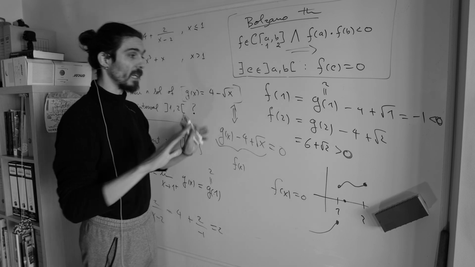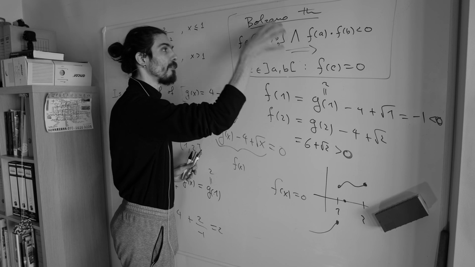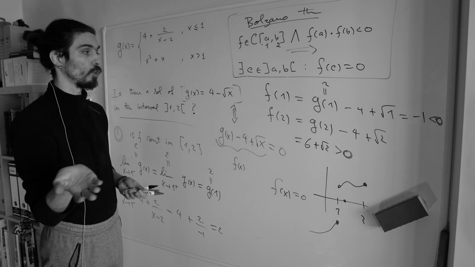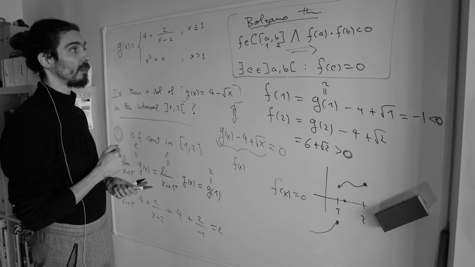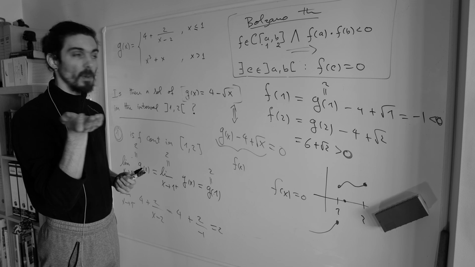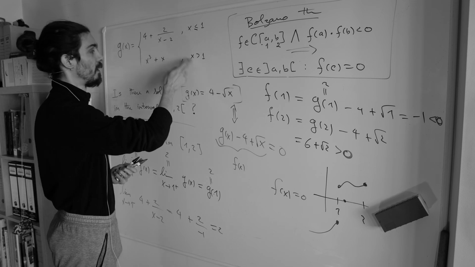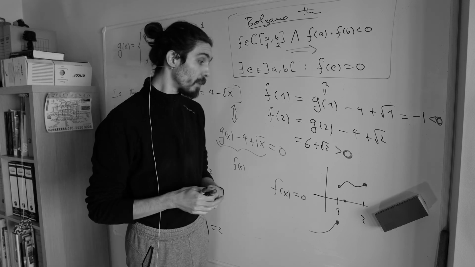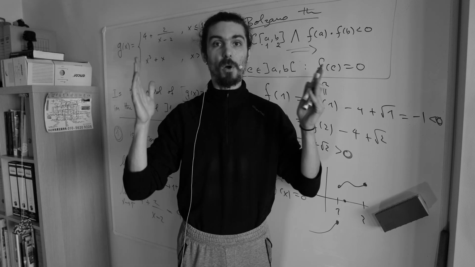You have to check everywhere: it must be continuous at every point, including at a and b. Of course, b we need not verify because this is a polynomial, and polynomials are continuous in their entire domain, so it must be continuous at 2. So we must verify this, okay? And that's it.